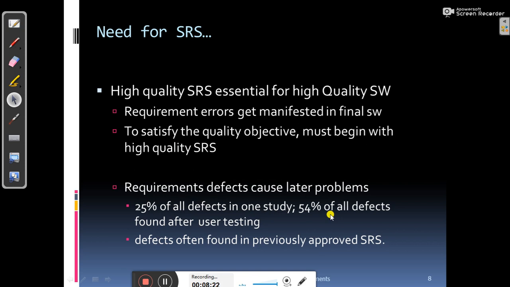If the approved SRS did not contain any defects, then those defects might not be there after testing. So the approved SRS needs to be clearer and error free.